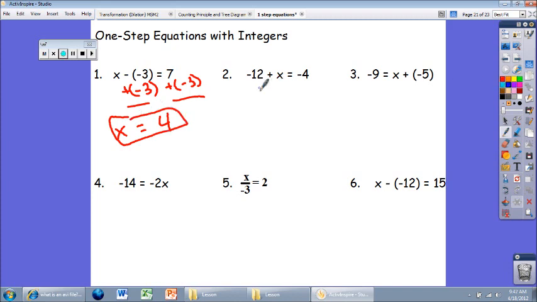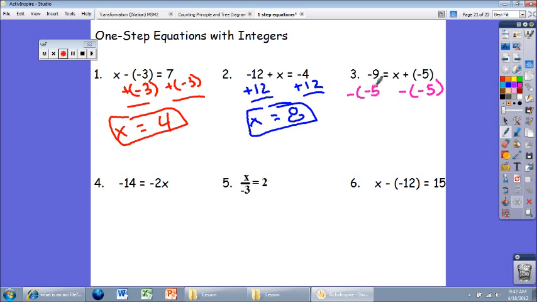Alright, over here, the opposite of -12 is a positive 12, so I'm going to add 12 to both sides. So now I have x equals, different signs, so we're going to go 12 minus 4 is 8, and we had more positives, so x equals 8. Okay, we're going to go minus a -5.